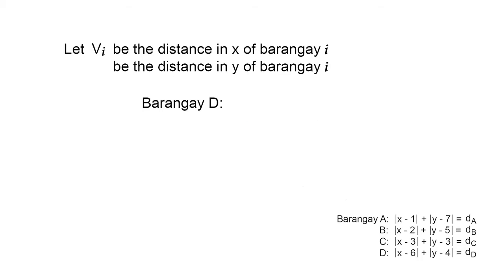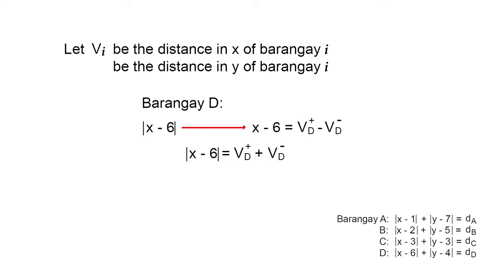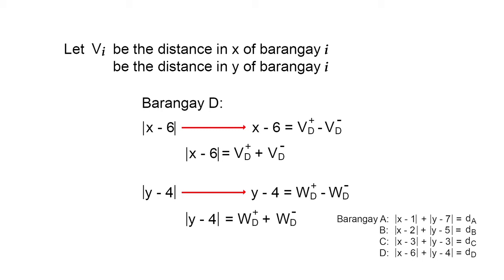We now go to barangay D. The transformation for the absolute value of x minus 6 will be given by x minus 6 is equal to VD plus minus VD minus, and the absolute value of x minus 6 is equal to VD plus VD minus, and y minus 4 is equal to WD plus minus WD minus, and the absolute value of y minus 4 is equal to WD plus WD minus.